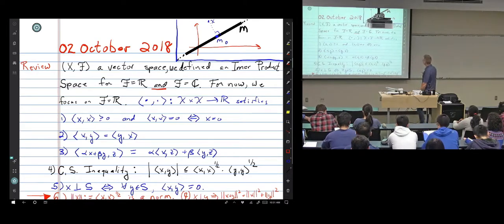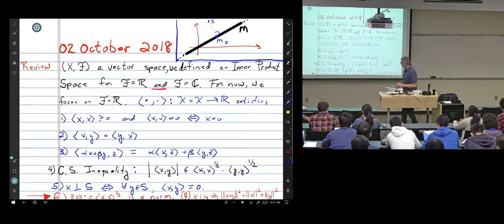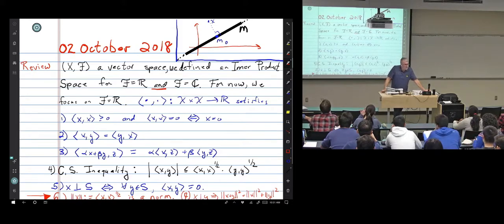You can define the cosine of an angle and hence get the angle by using the notion of an inner product. And so our goal has been to make sense of this picture up here where the axes are some abstract vector space. M is a subspace, and it's a collection of vectors that we are using to approximate another point.